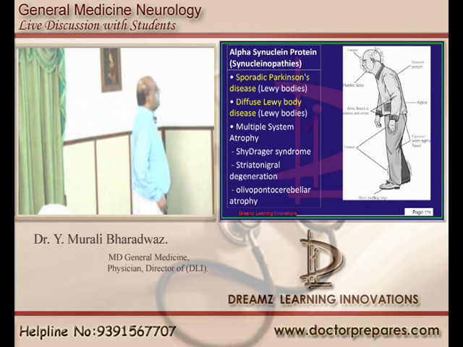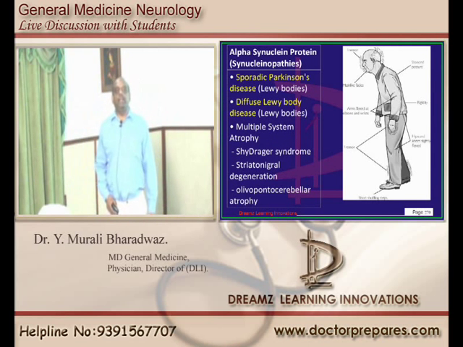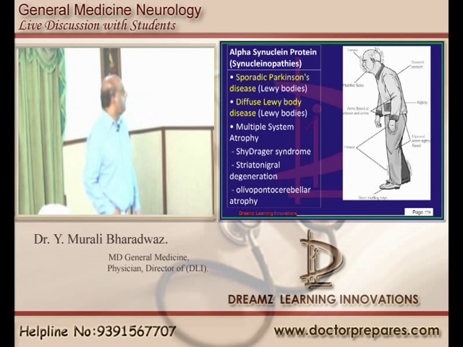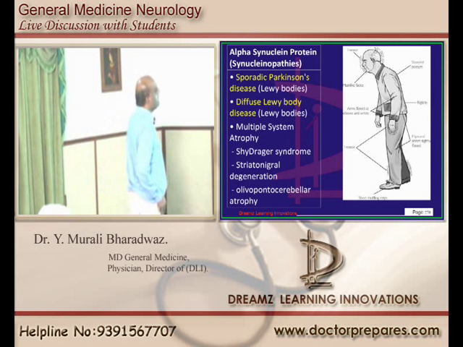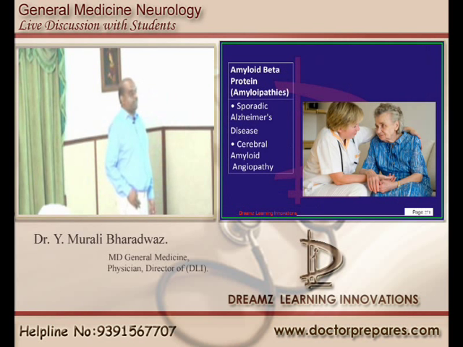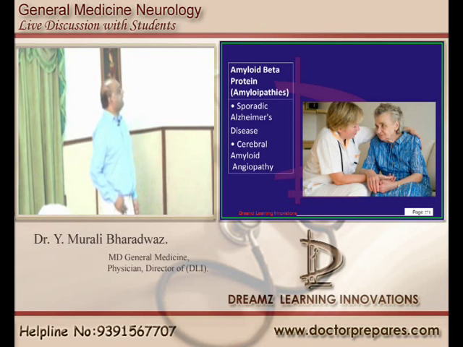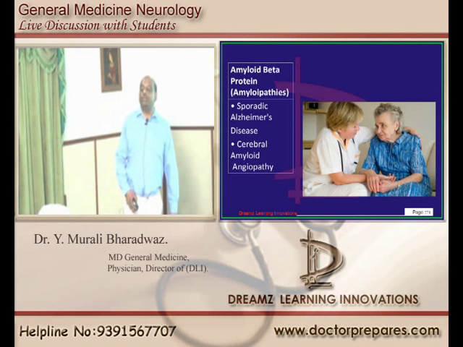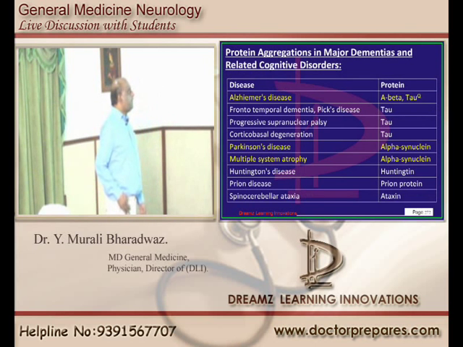Then alpha synuclein abnormalities are called synucleinopathies. Parkinsonism, Shy-Drager, etc. they are all. Then amyloid betapathies, they are typically Alzheimer's and amyloid angiopathies. I leave to you a small list. You like it or don't like it, you have to read it.